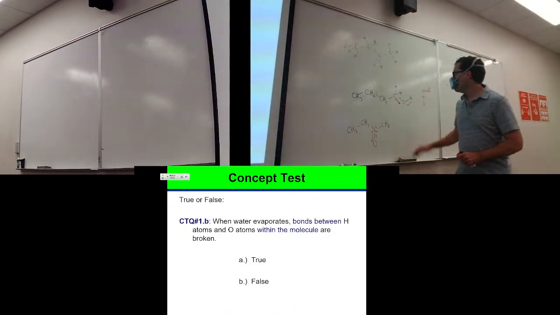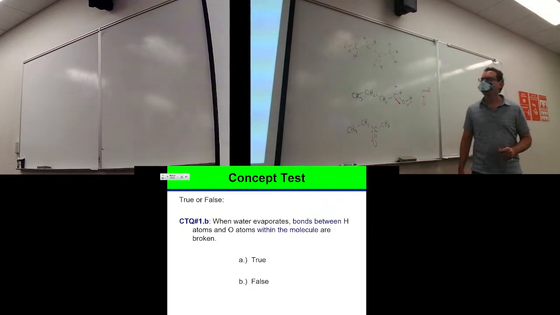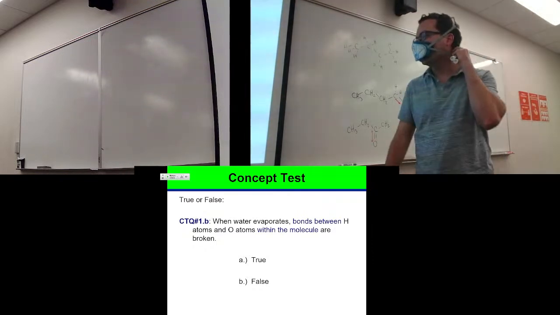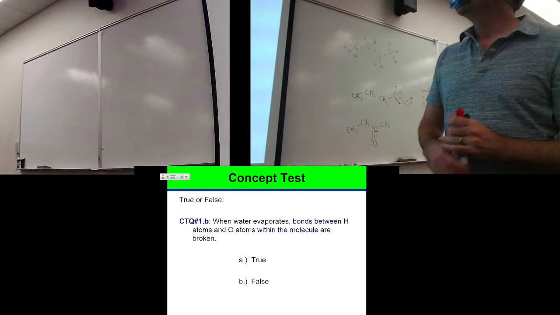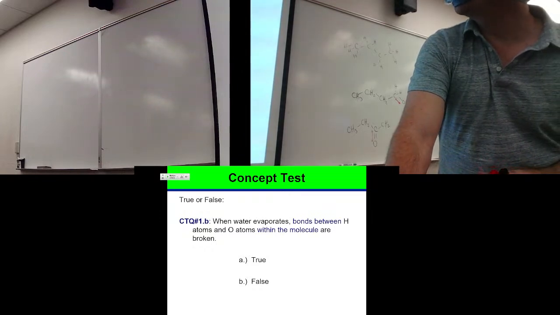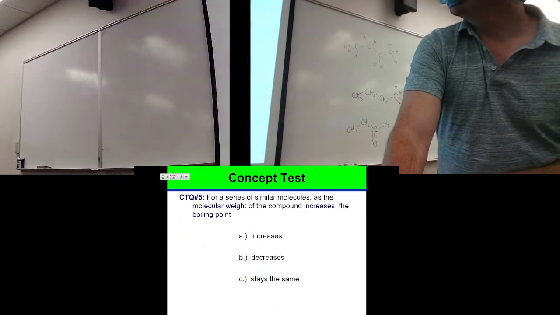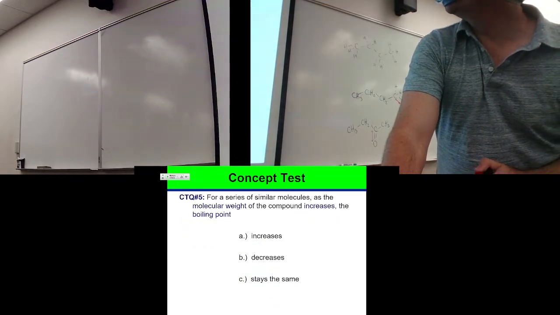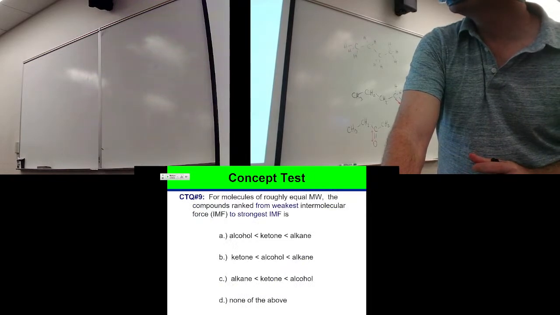So we're getting a clue into what's going on. These dipole moments, these polar bonds, these polar molecules are somehow increasing the intermolecular forces. If we already answered this one: water evaporates, the bonds between hydrogen and oxygen atoms are broken, false. For a series of molecules, as the molecular weight increases, the boiling point increases.